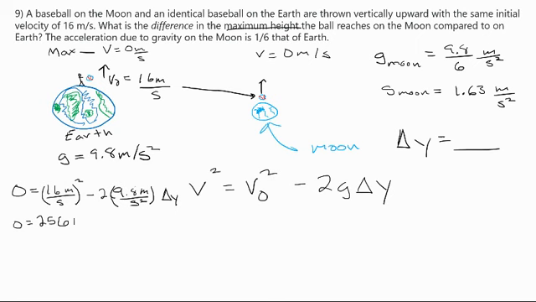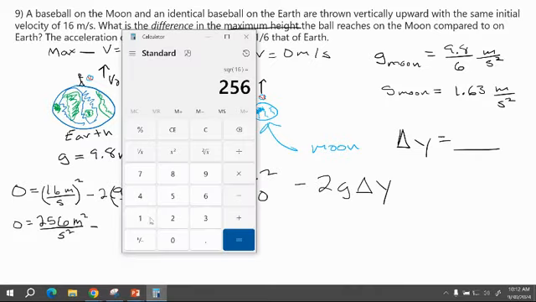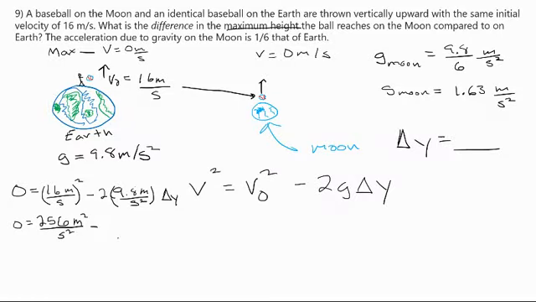Now remember, you're going to have meters squared over seconds squared now, because you're squaring the meters and the seconds too. Minus 19.6, I think is what it'll be. 9.8 times 2. Yeah, or 19.6. I always get it backwards. So negative 19.6 meters per second squared times delta y.